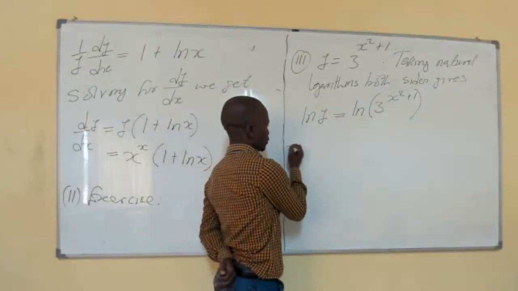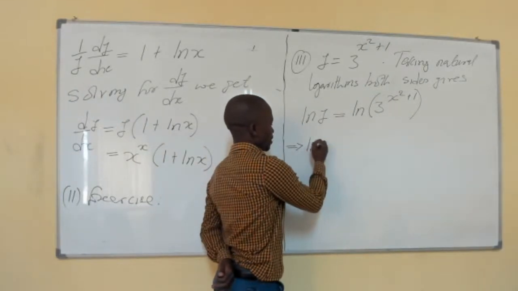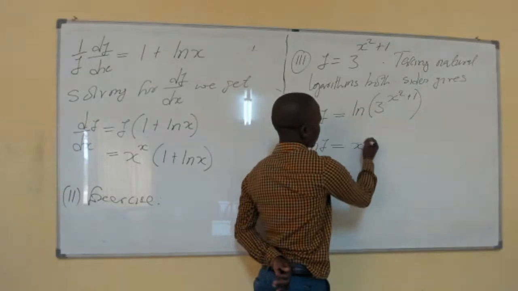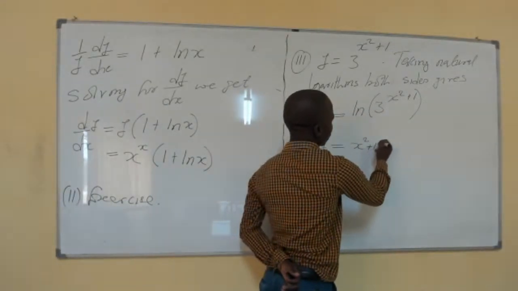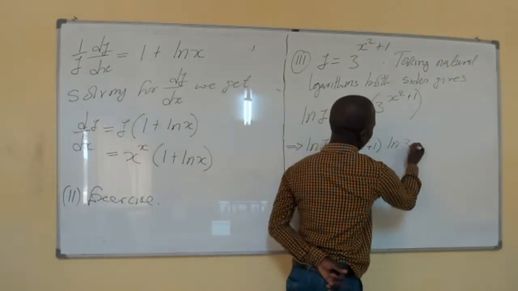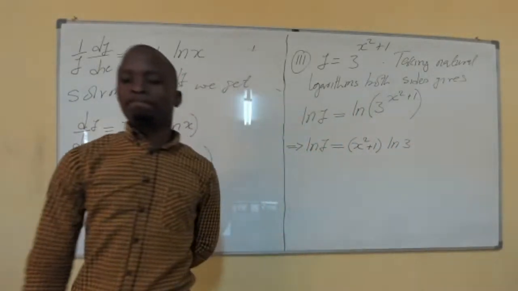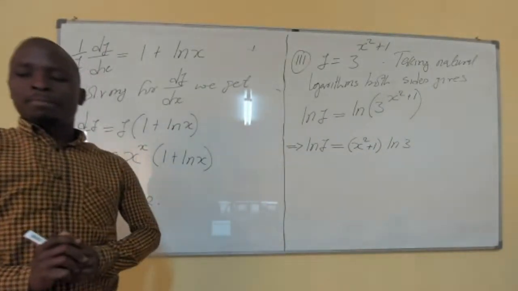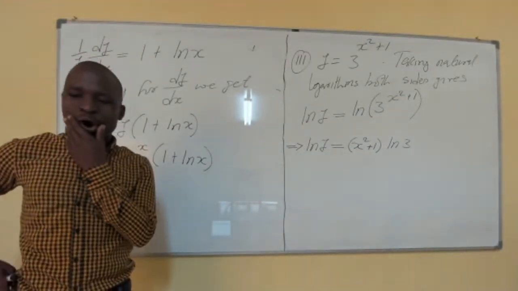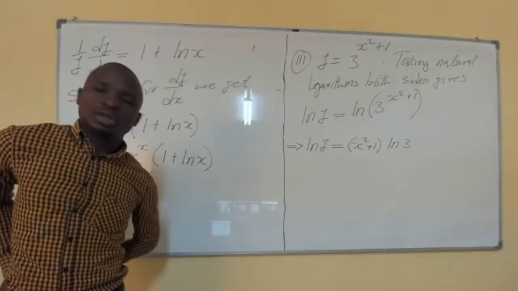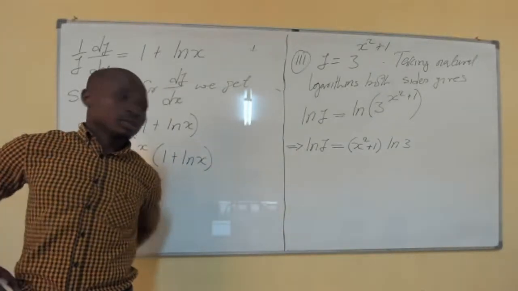Then using the power rule, on the right hand side we are going to have x squared plus 1 times ln of 3. Now, we can split this, or if you don't want to split it, you can just use the product rule anyway, which is just going to work.